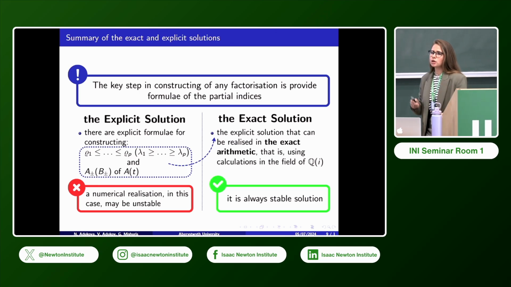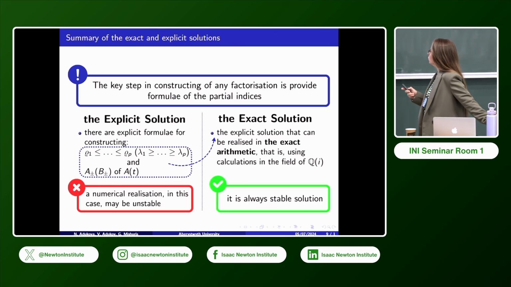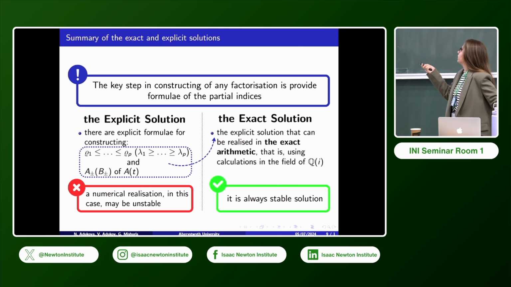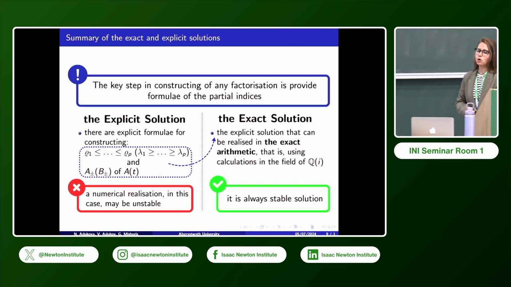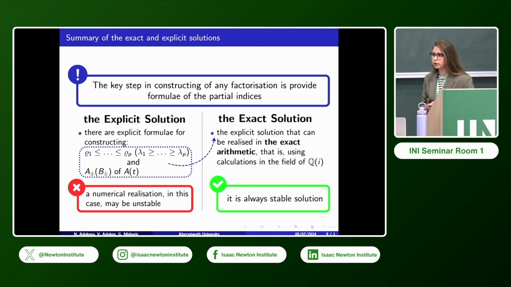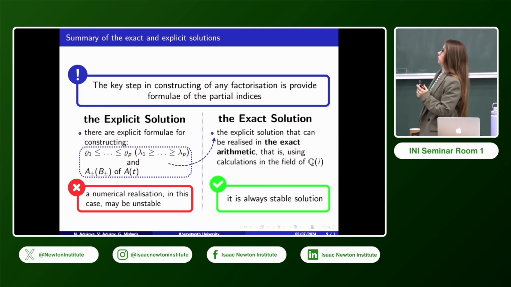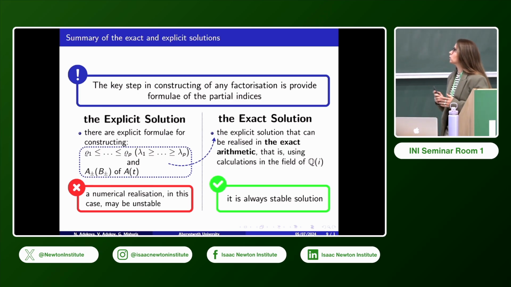In other words, we conduct all calculations in the Gaussian field of rational numbers. So in this case it will always be stable. And this is a very important point for us to solve the problem exactly.